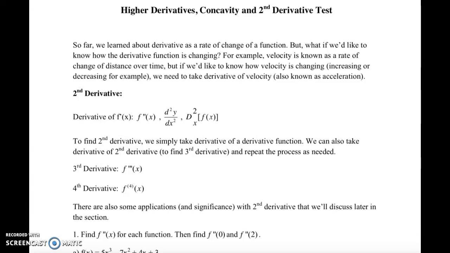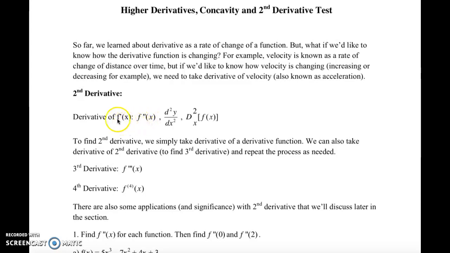And so we want to take the derivative of our first derivative. So we want to take the derivative of basically our velocity, and we're going to also call this acceleration. All right. So when we notate the second derivative, here's our first derivative notation, and our second derivative is the derivative of our derivative.